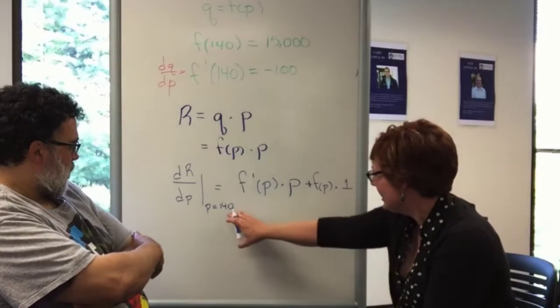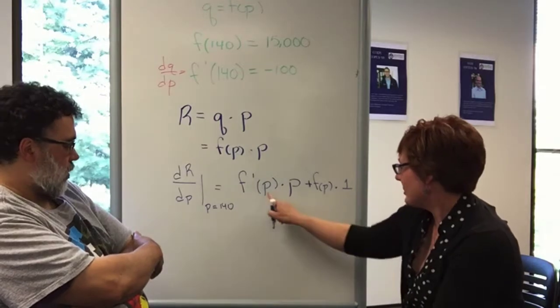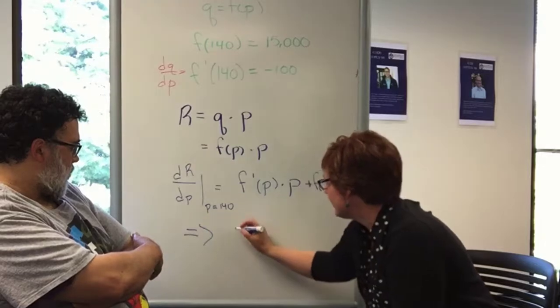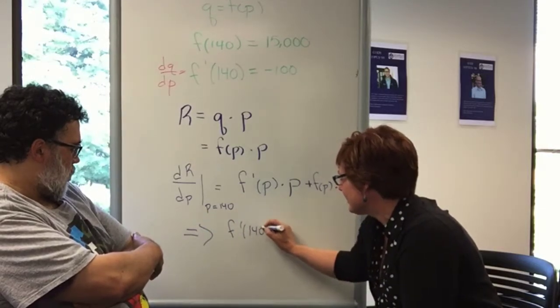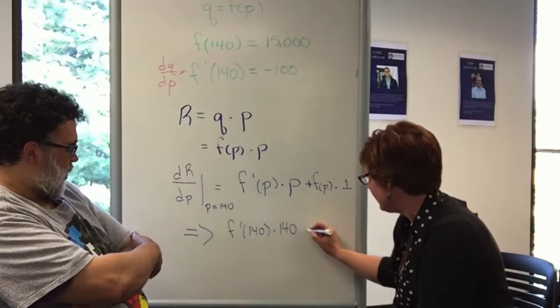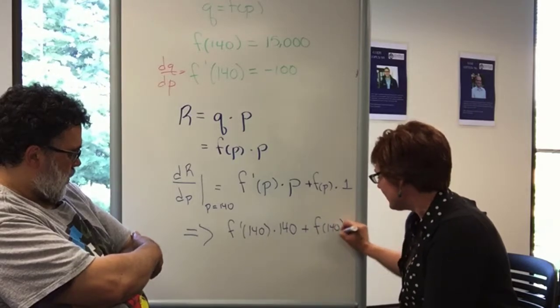Okay, so now I'm going to substitute in p equals 140 everywhere I see a p. So then I'm going to have f prime of 140 times p, which is 140, plus f of 140 times 1, which I'm not going to bother to write.